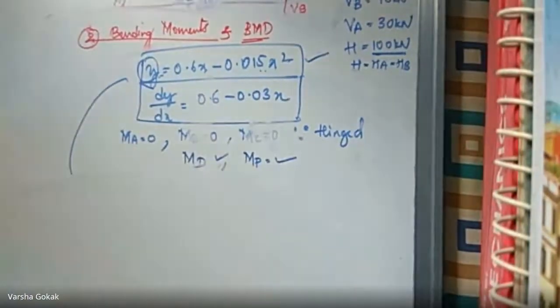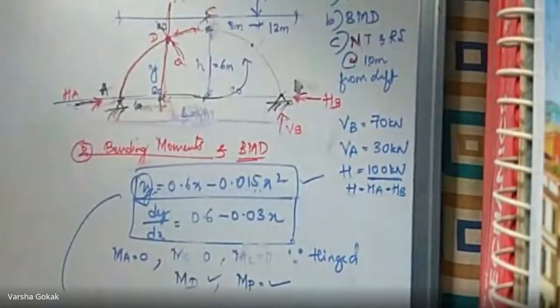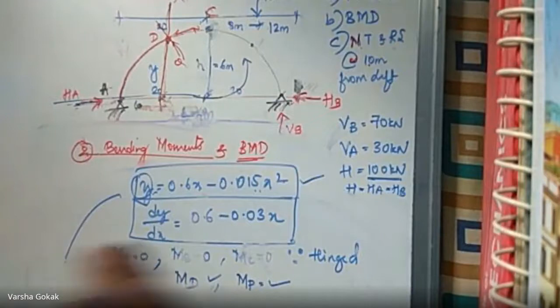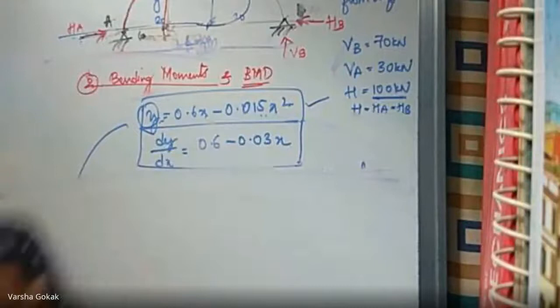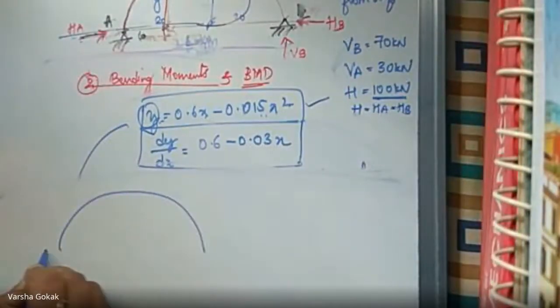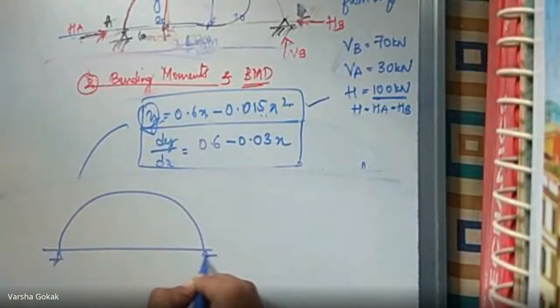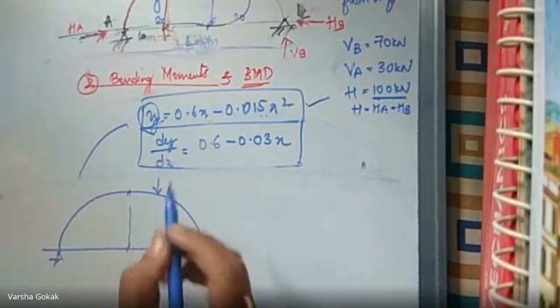To calculate that, I will draw a different figure because too much writing has taken place. So this is your parabola, and this is your central line. You have a point load over here, that is 100.